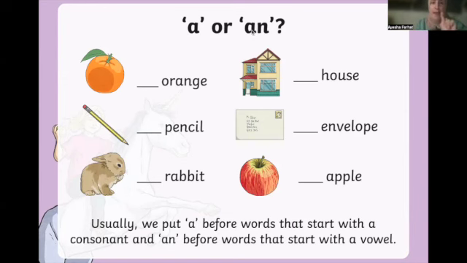So let's try an orange. An orange. If we say a orange, it doesn't make sense. So we have to say an orange. And again, our rule works here because O is a vowel. Orange starts with an O, and therefore we have to use an.